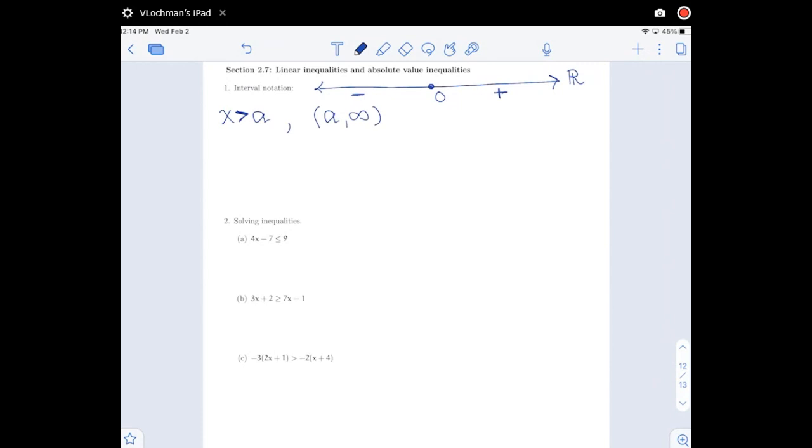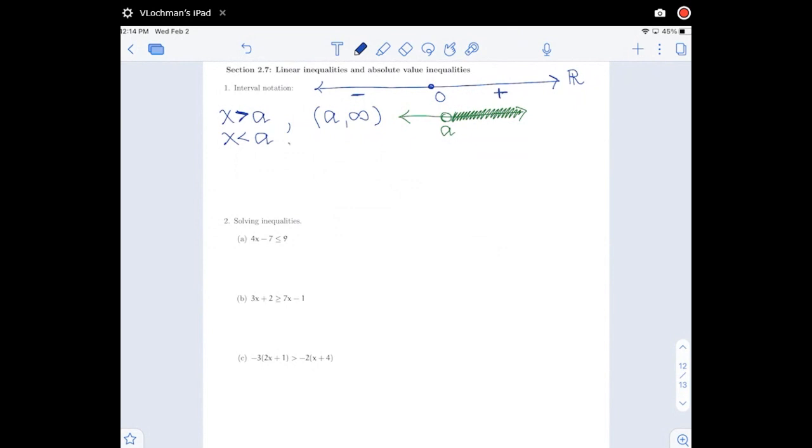Okay, so graphically, that would mean what? My solutions would be to the right of a, not including a. Okay, and we exclude that point from the graph by putting like a hole in it. Okay, now let's say we go in the opposite way. X is less than a.